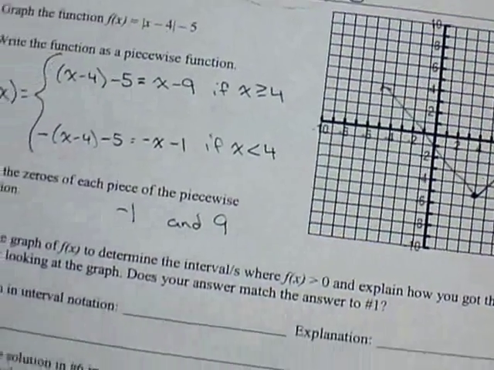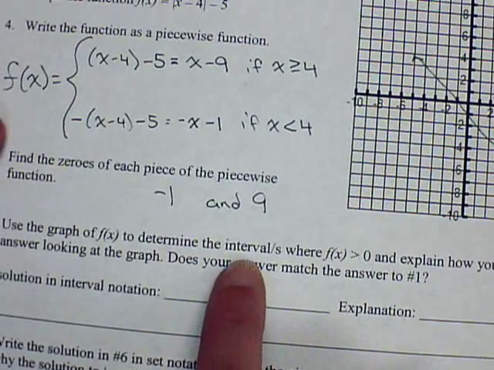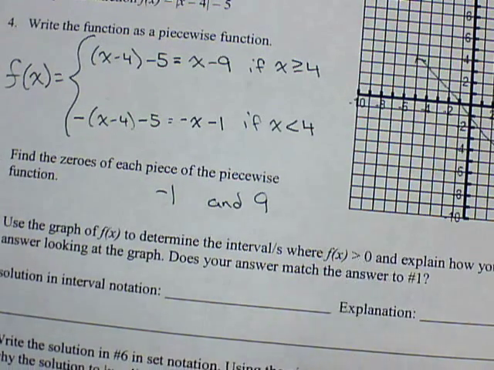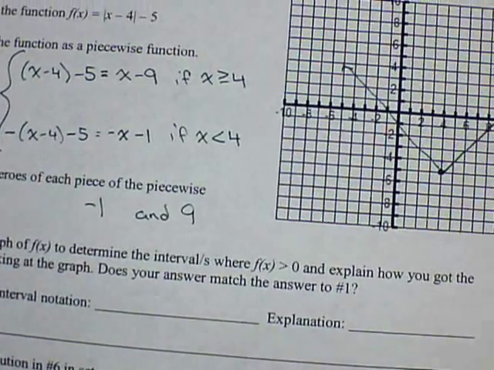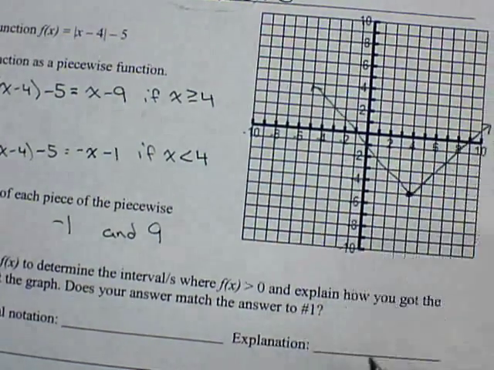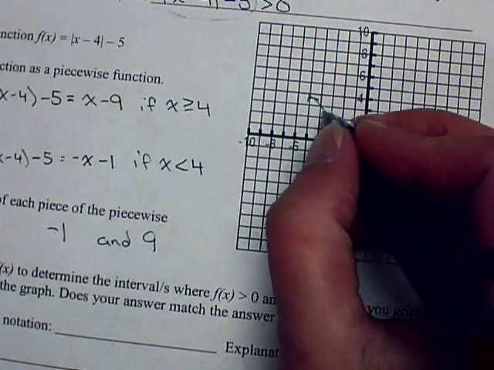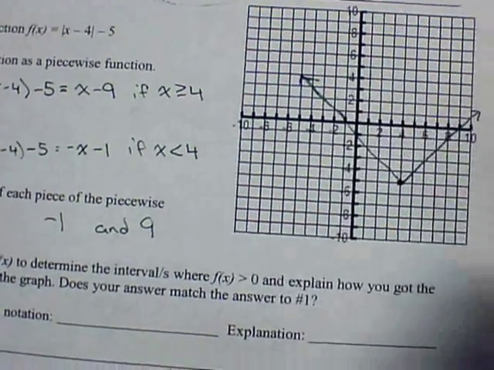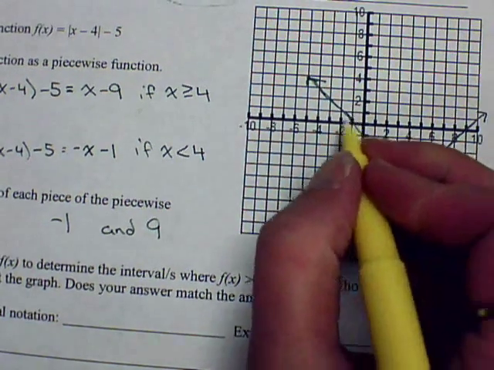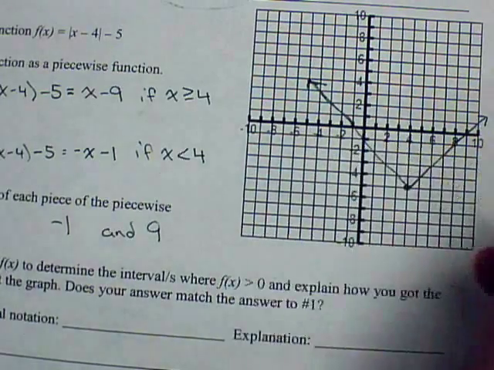All right. Use the graph of f of x to determine the intervals where f of x is greater than 0. I remember this one. F of x greater than 0 is the part of the graph that is over the x-axis. So that's this part. What are the y values, and the x values, that give me those positive y's?